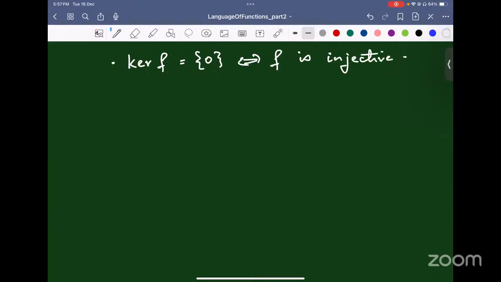Let's quickly go through the proof. Suppose f is injective, and suppose the kernel of f contains an element v.